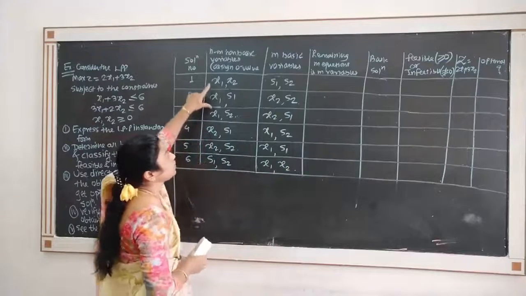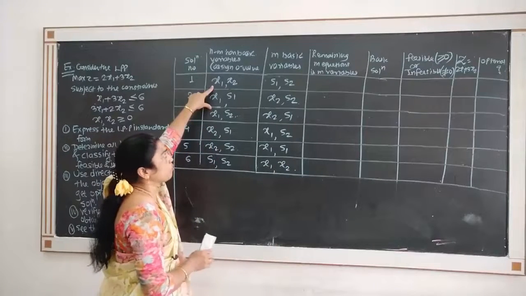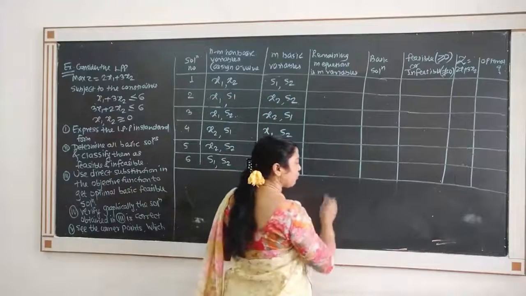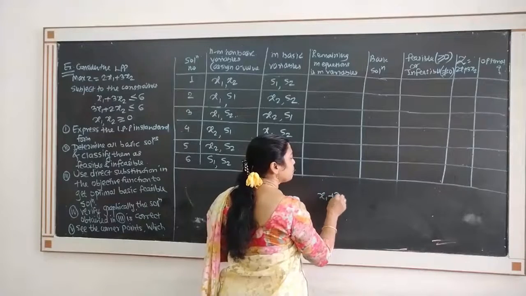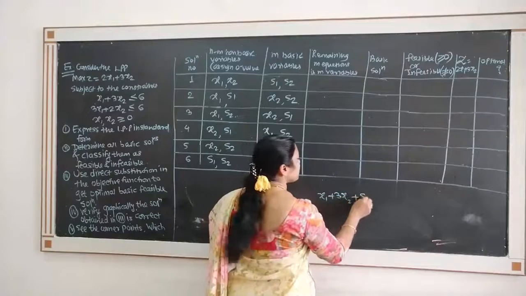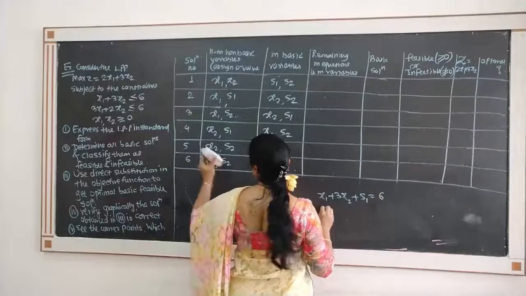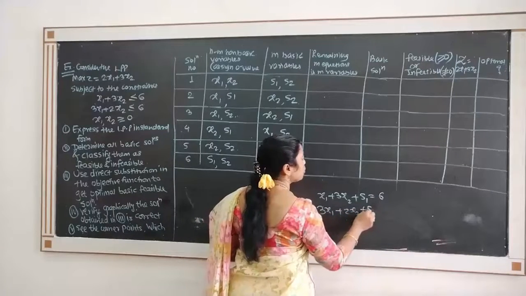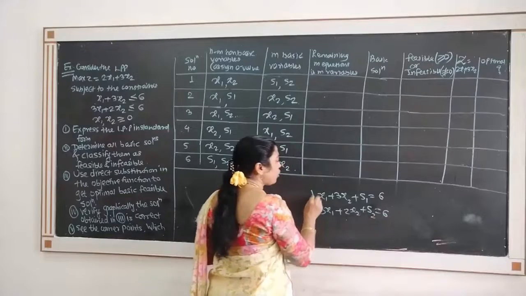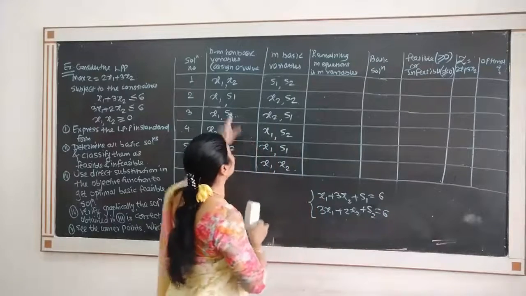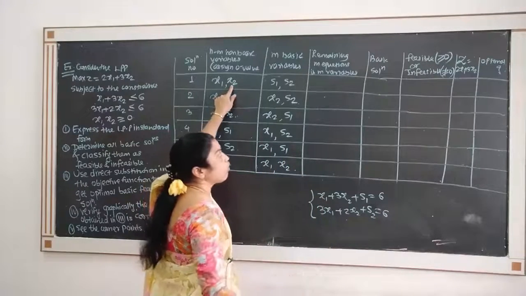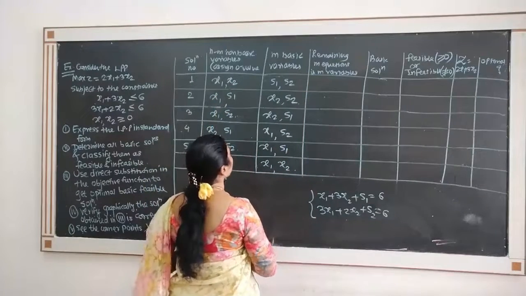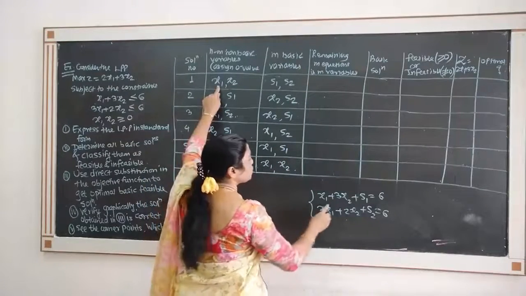Now by substituting these variables equal to 0, whatever remains of the m equations, we have 2 equations. Our first equation is x1 plus 3x2 plus s1 equals 6, and the second equation is 3x1 plus 2x2 plus s2 equals 6. We substitute these variables equal to 0 and write down the remaining equations. So put x1 and x2 equal to 0.